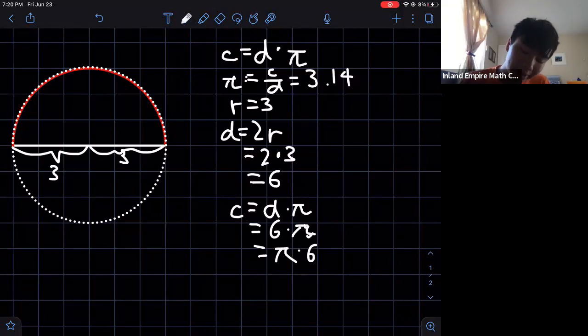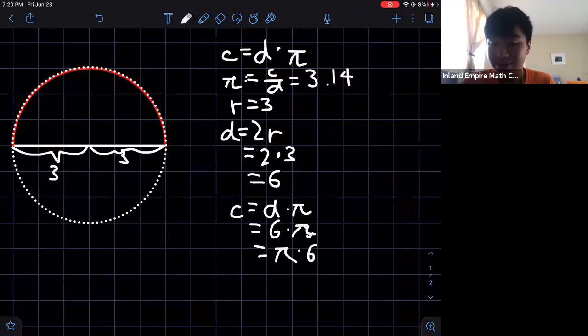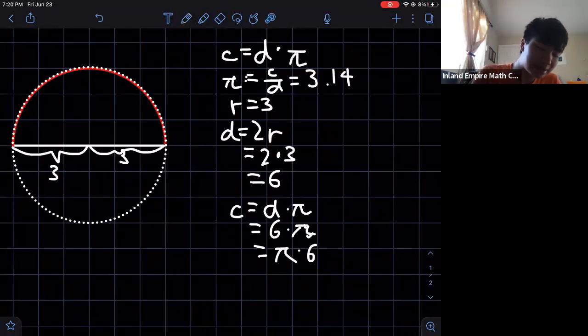But how can we take the circumference that we get of the entire circle and use that to figure out the length of this arc, like here? Well, what we do is we just split the circle into 2 pieces. Each of these pieces is going to have the same length.